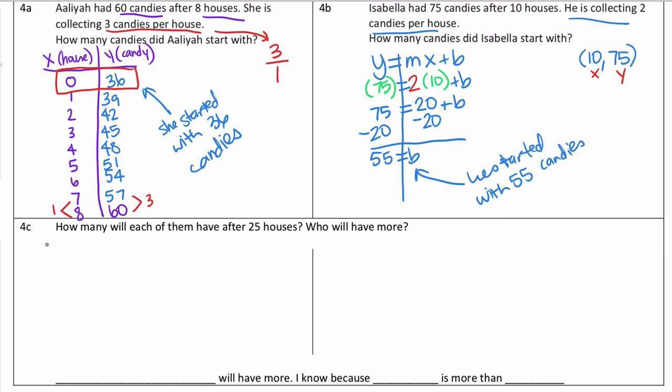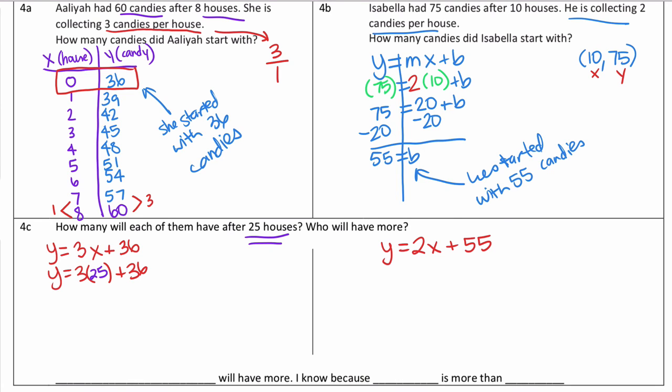I know that this Aaliyah person had 3 candies per house, plus her starting value was 36. I know that Isabella had 2 candies per house, but started with more candy, started with 55. Now the nice thing about having an equation is it wants to know what happens after 25 houses. That's just a substitution. Y equals 3 candies per house multiplied by 25 houses.